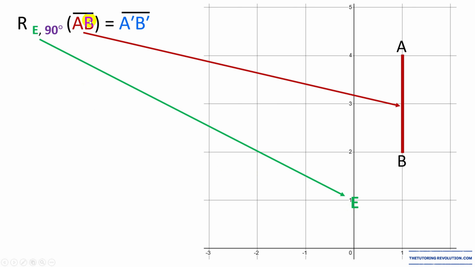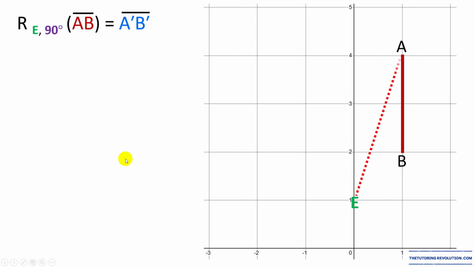AB is the segment that we're going to rotate. To rotate this segment 90 degrees counterclockwise, because it's positive, we draw a dotted segment between point A and the center of rotation E, and another dotted segment between point B and the center of rotation E.